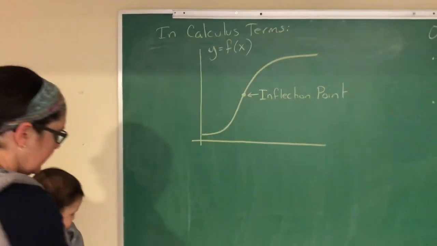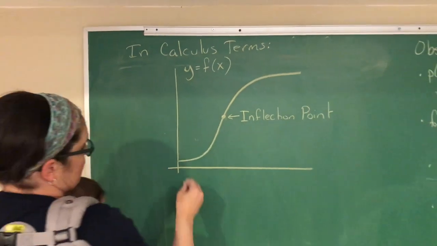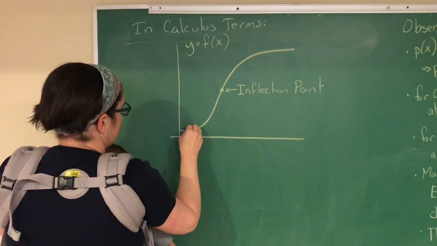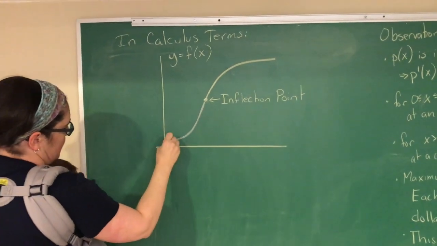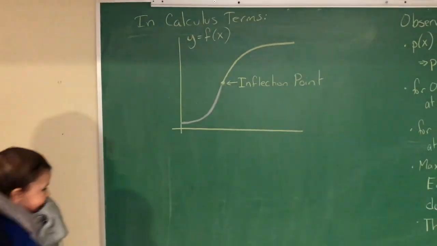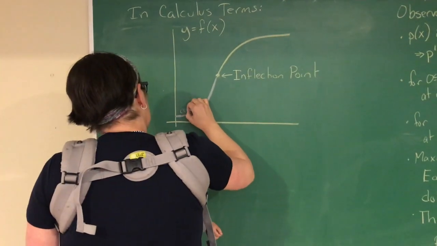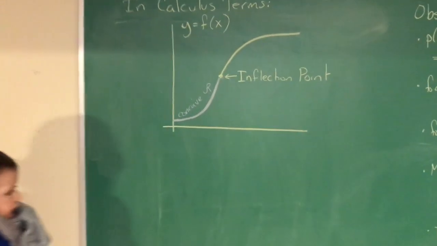Now, I want to focus on the portion of our graph that's happening before that steepest point, before that inflection point. This portion of our graph, we see that that shape is called concave up.